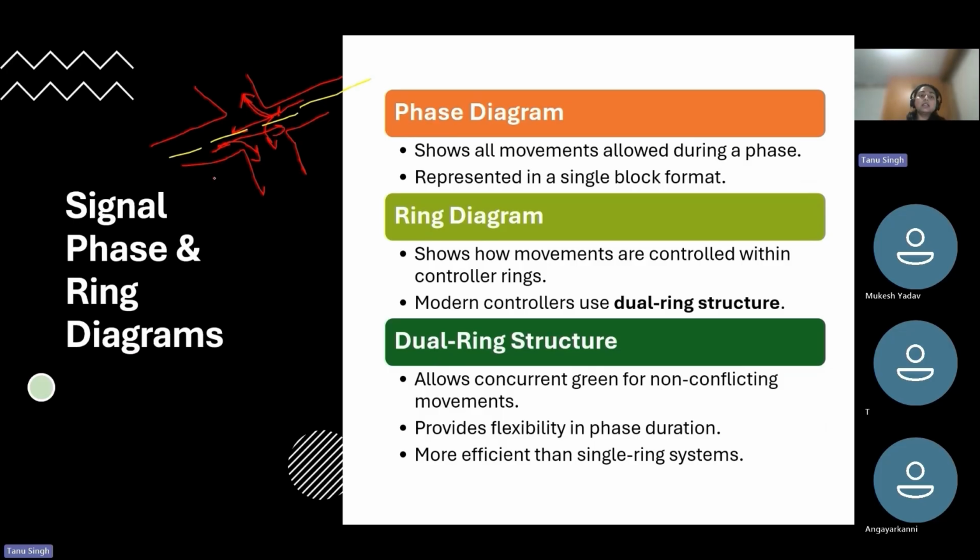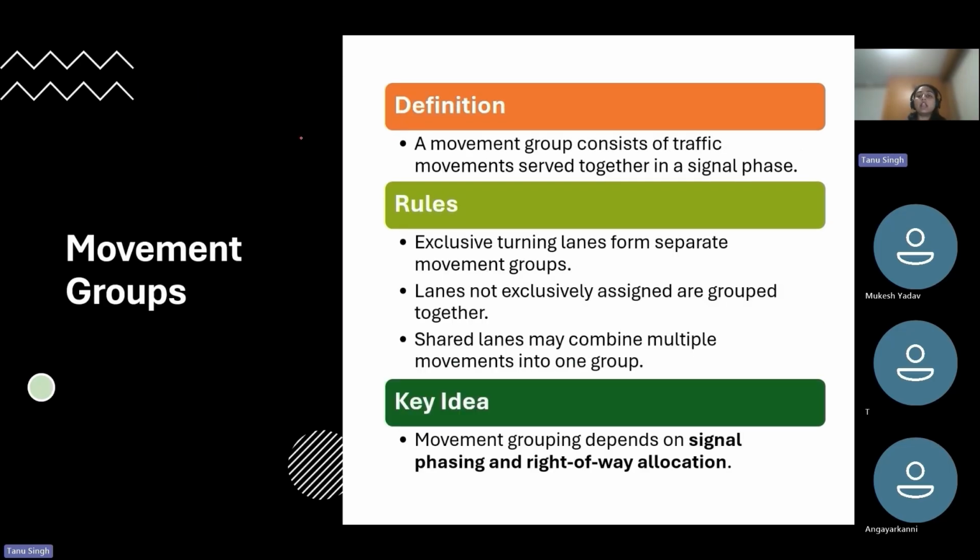Here this right turn plus straight and this right turn plus straight come in one movement group if we allow these movements to take place in one single phase. Then if a turning movement has an exclusive lane, it forms its own movement group. If lanes are shared, the movements from the shared lane are grouped together.